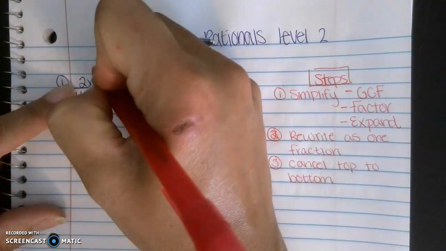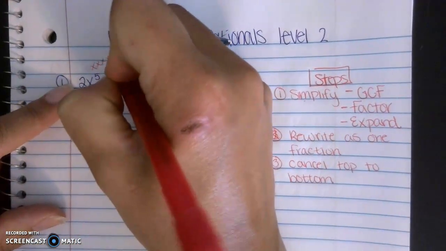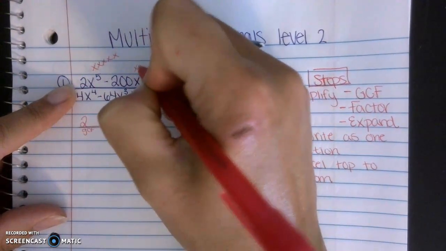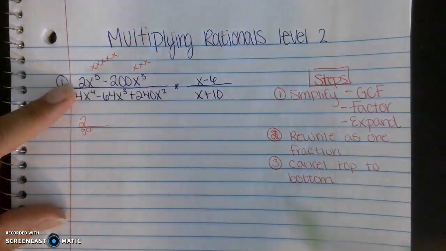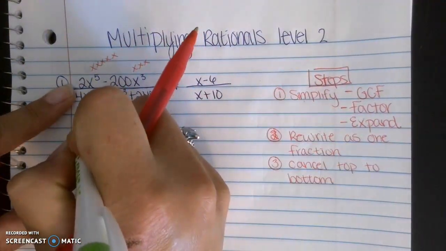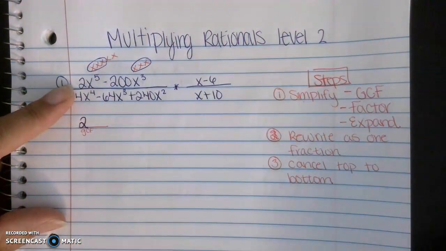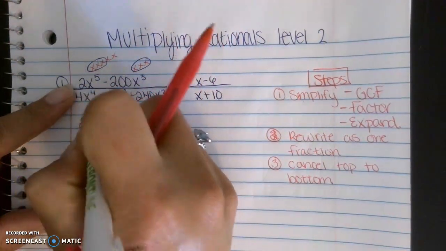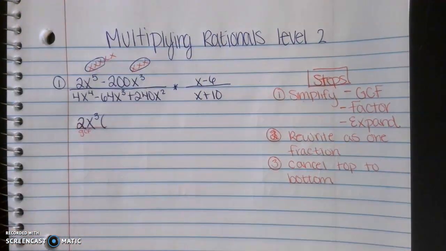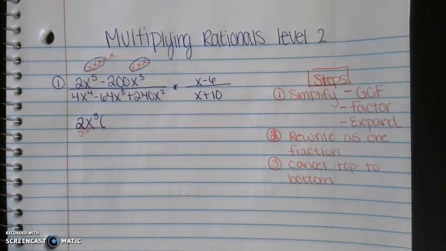And then let's look at our x's. I have 5 here, 1, 2, 3, 4, 5, and 3 here. How many do they share? How many do they have in common? Hopefully you're telling yourself they have 3 in common. So x to the 3rd is also going to be a part of my GCF. And I want to figure out what is left over.